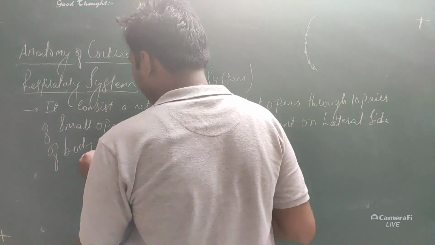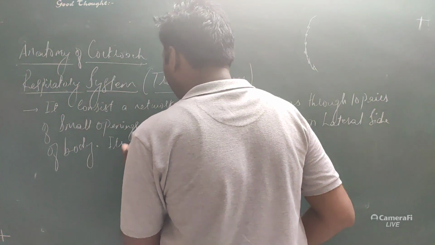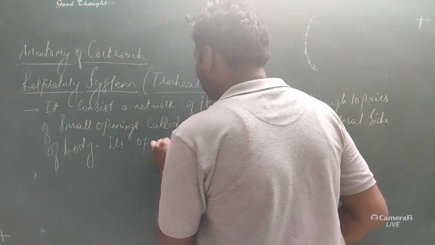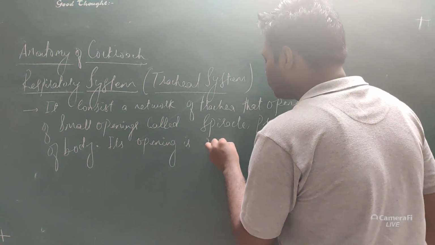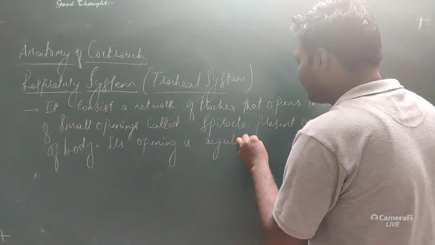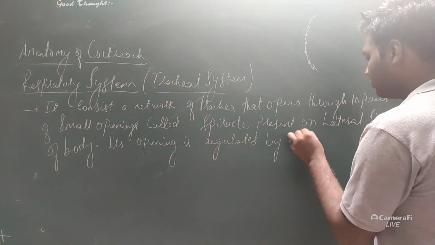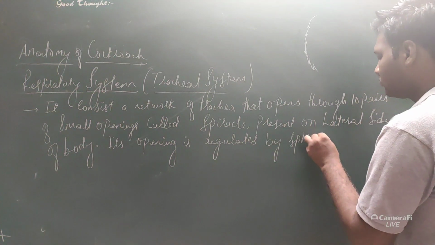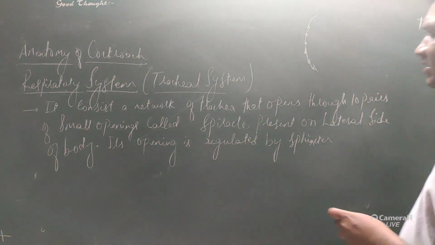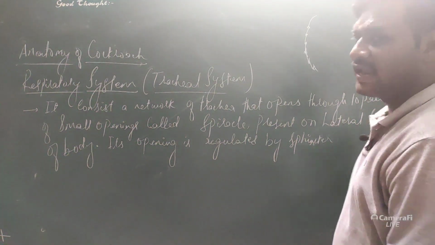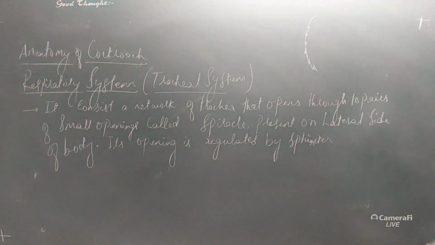Its opening is regulated by sphincter. What is sphincter? It is a kind of valve which regulates the opening of the trachea, or the opening of the spiracles.